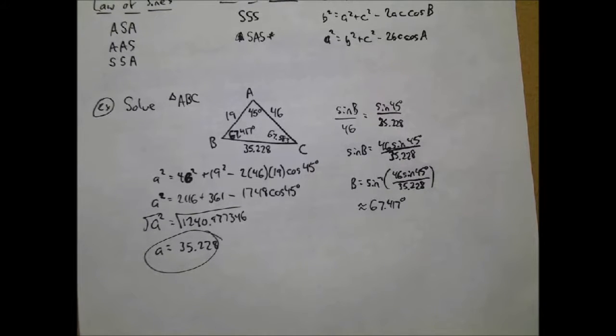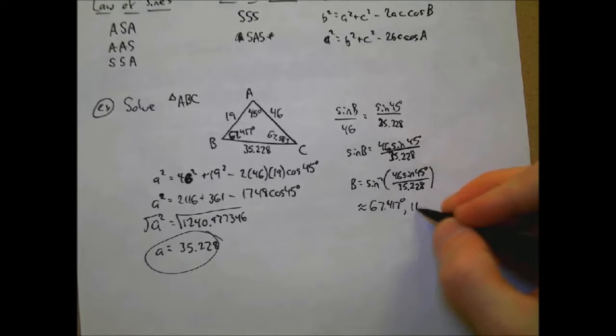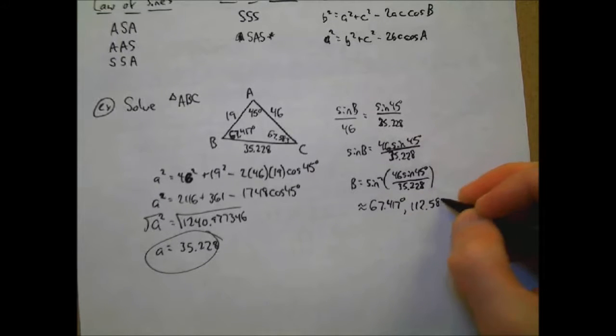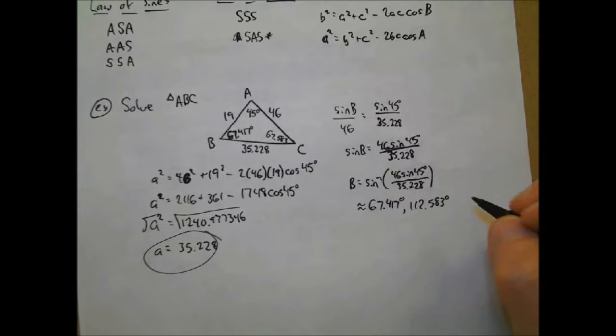Because of the way that we saw. Well, let me try this here. 67.417, 180 minus. Ah, okay. Yeah. So in this case, the angle 112.533 is the one that actually is supposed to work here, not this one.